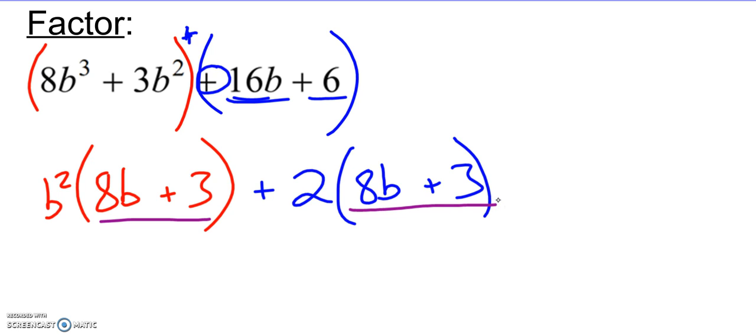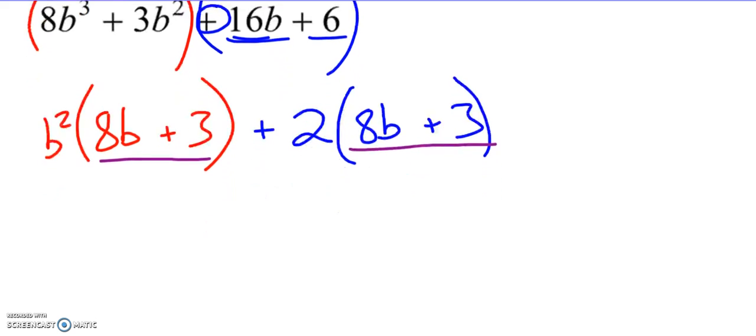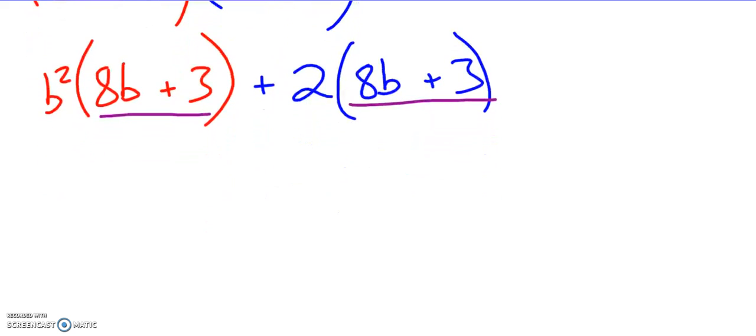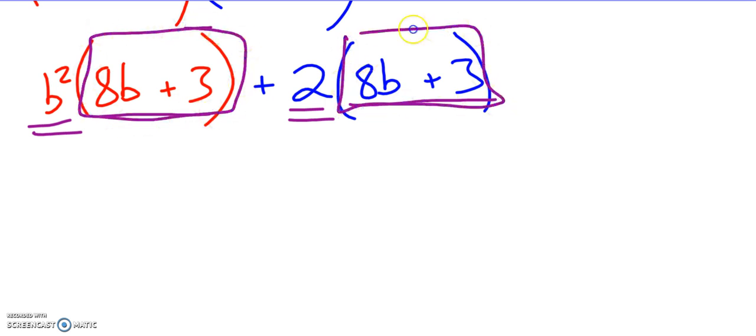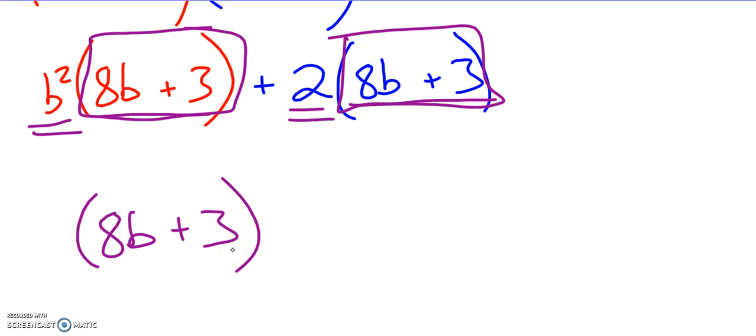Now here's where it gets a little bit interesting, something that we haven't seen before. The b to the second and the 2 have a common factor, and that common factor is this. So what's going to look kind of strange is we're going to take that 8b plus 3 and bring it out front of b squared plus 2.